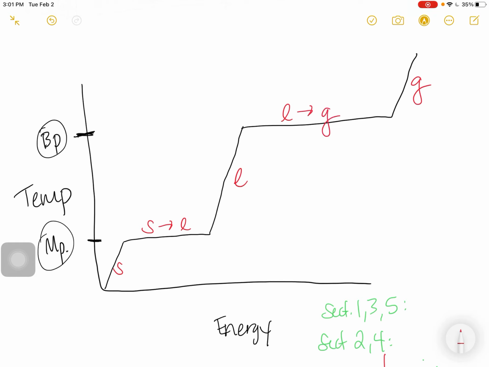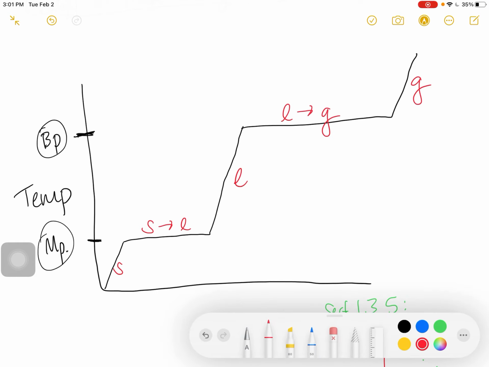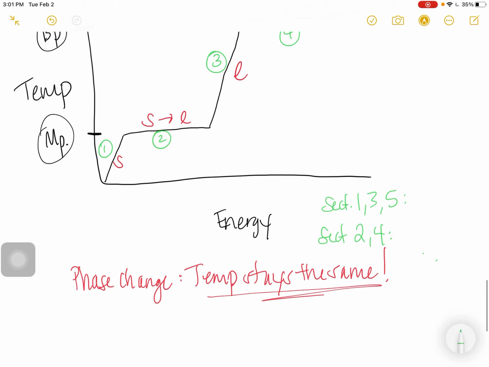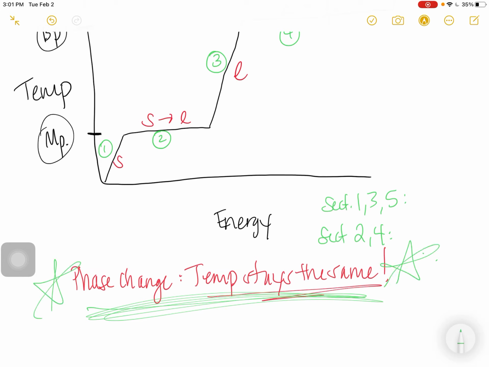We have labeled these sections as section 1, 2, 3, 4, and 5. During a phase change, the temperature stays the same. Big piece of information. That's because all the energy being put in is used to change the state of matter and not to raise the temperature.